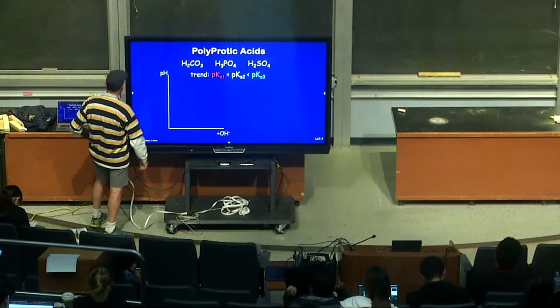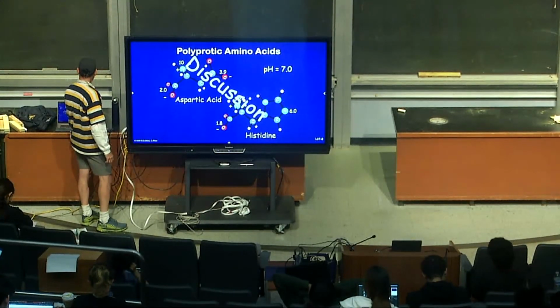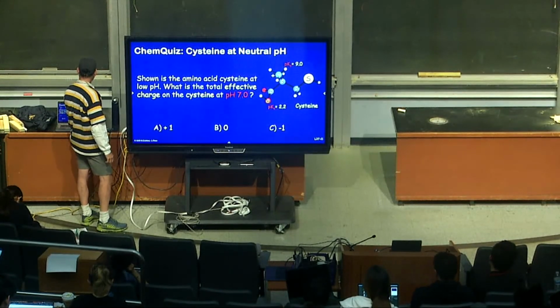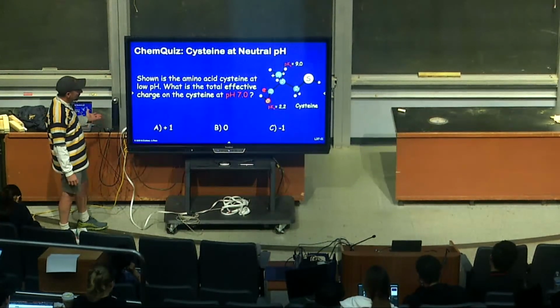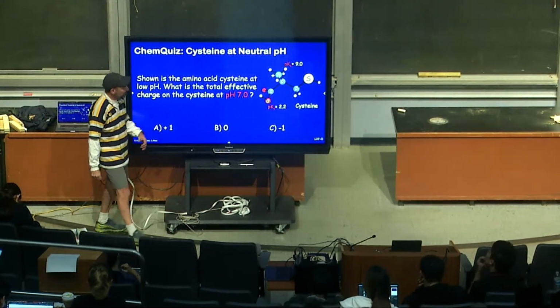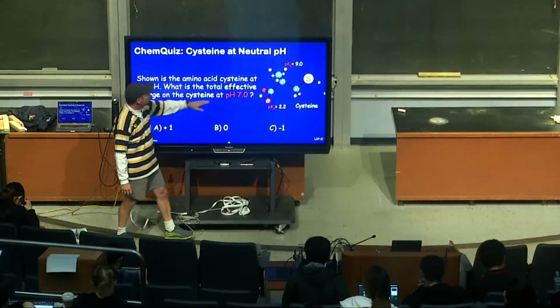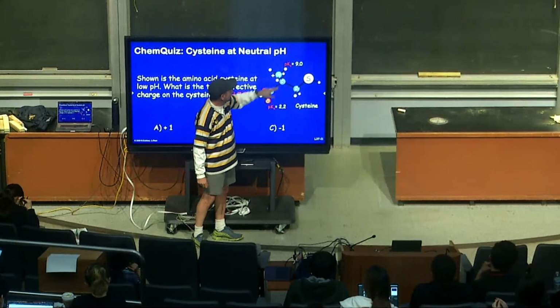Polyprotic acids, we've already gone through this. We'll just quickly go through this one more time, just to remind you, this is a buffer question. You have a pH of 7, but you know the pKa's.